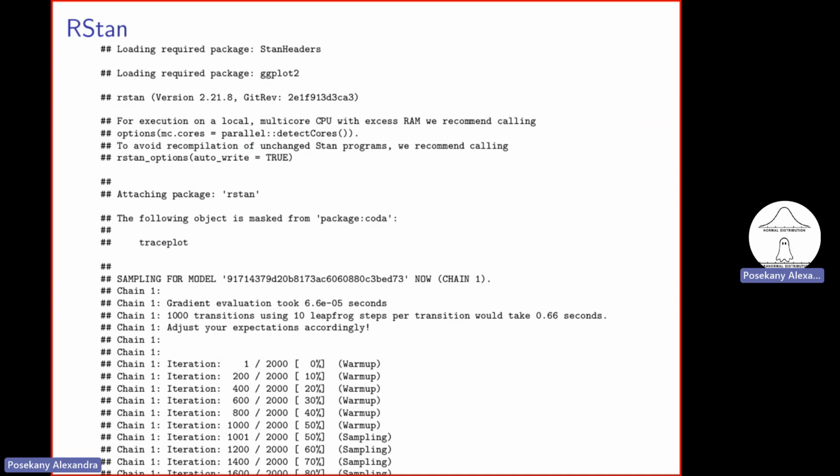Then Stan. That's the latest one out there. You will need C++ on your system in order to run it properly. Stan has been developed now for at least 10 years, I think.